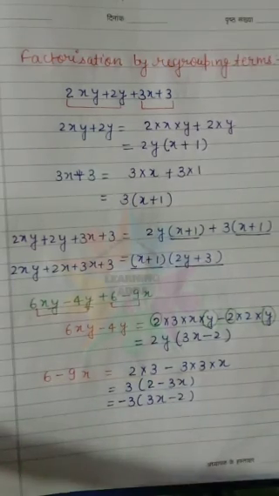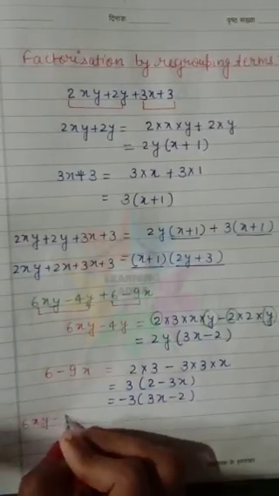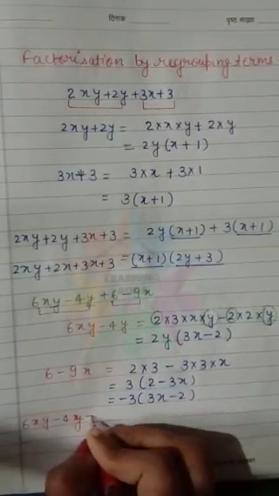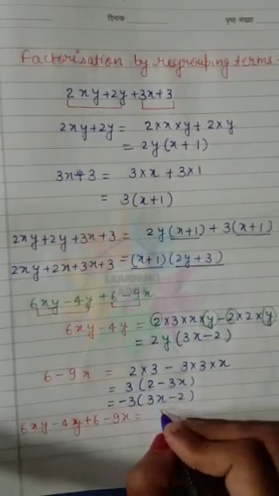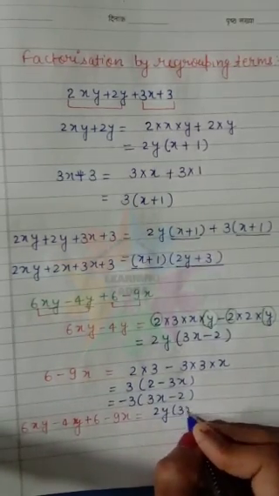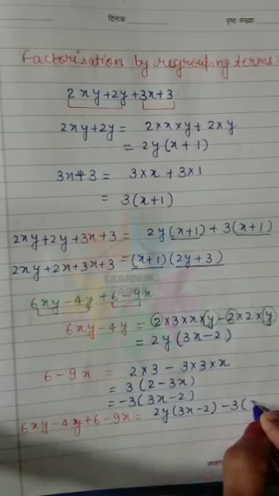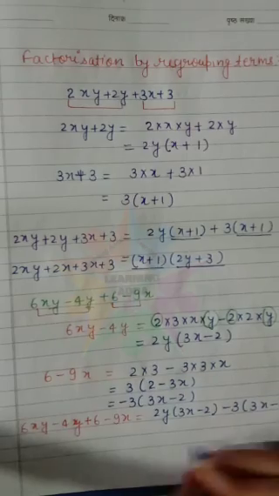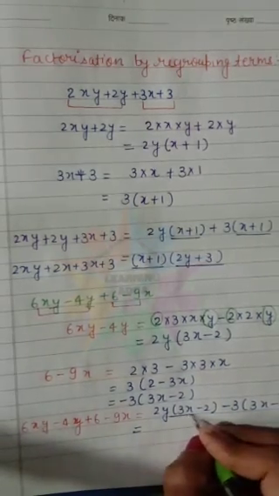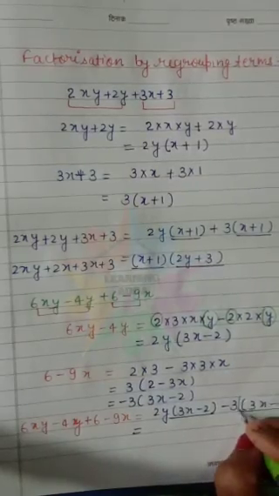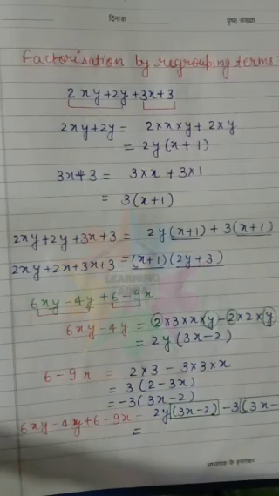So combining both parts, 6xy minus 4y plus 6 minus 9x equals 2y into 3x minus 2, and minus 3 into 3x minus 2. Here we see that 3x minus 2 is common in both terms.